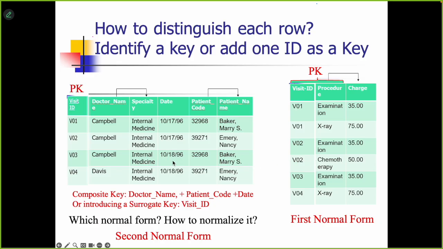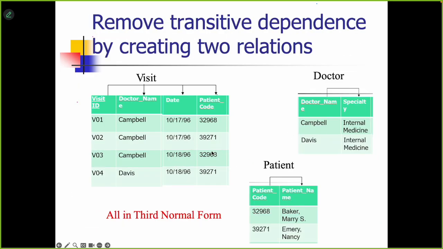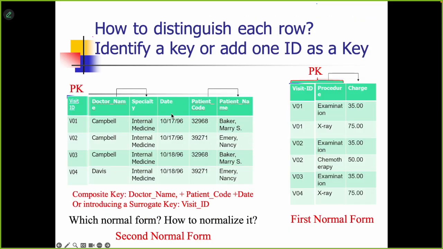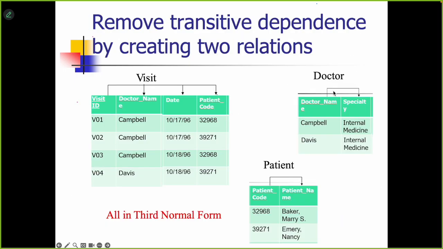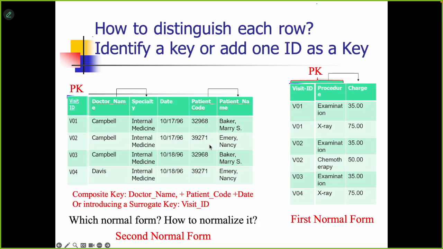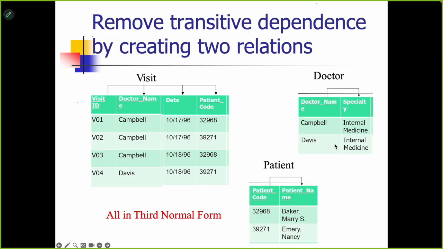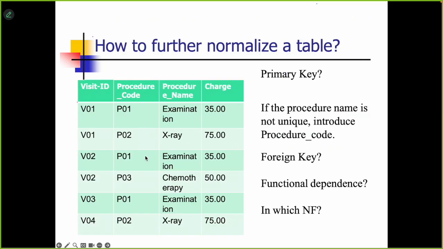For example, the table on the left, we normalized it into these three tables. How? We found the dependencies, got rid of them, and put them into separate tables. What is left here is the visit table. So these three tables are the result of normalizing the table on the left. Now, what about the table on the right? There, we added procedure code because we said procedure name may not be unique.